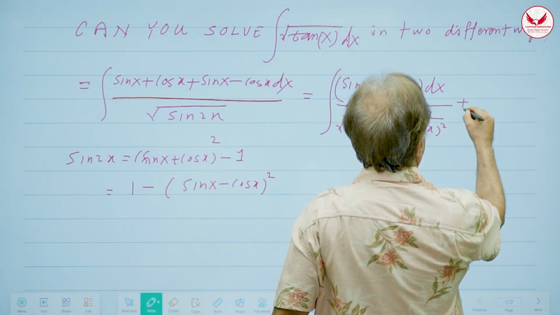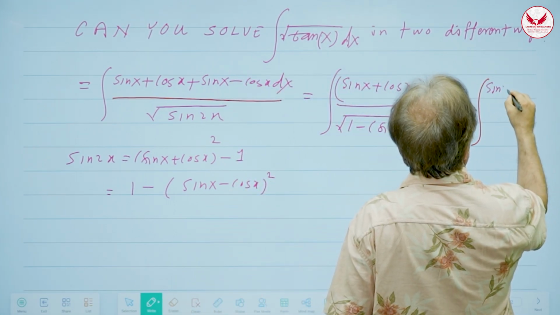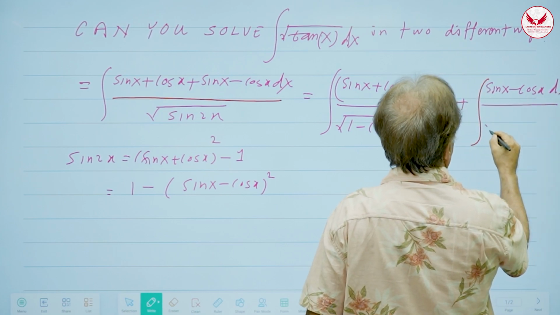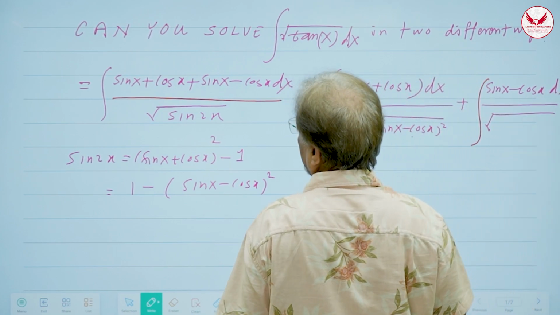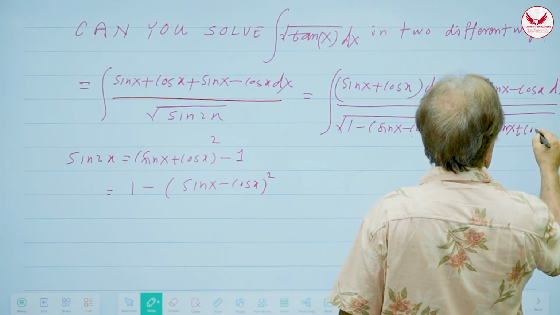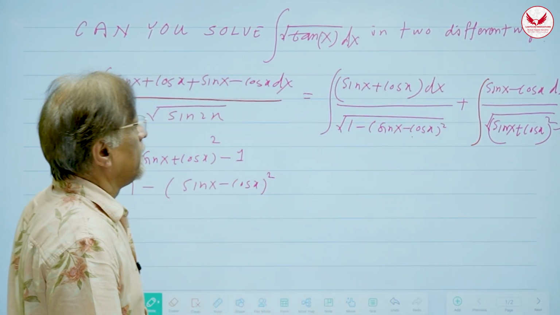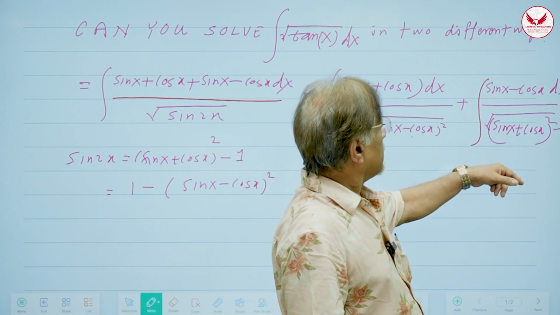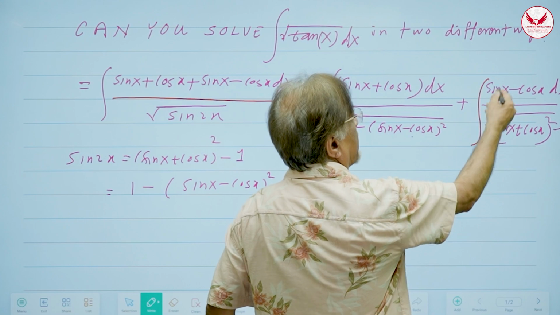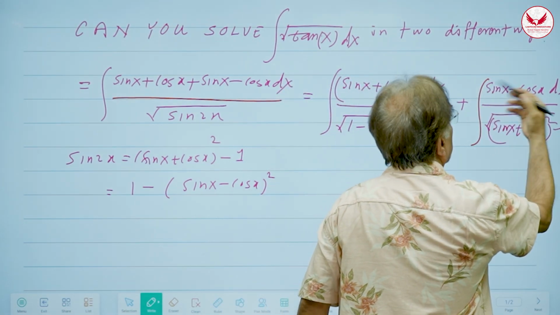Okay, plus now here I am going to write (sin x minus cos x) dx divided by square root of, this will become (sin x plus cos x) bracket square minus 1. Again, what is the derivative of sin x? It is cos x. And what is the derivative of cos x? Minus sin x. So there is a slight difference. I don't want sin x minus cos x. I want cos x minus sin x.